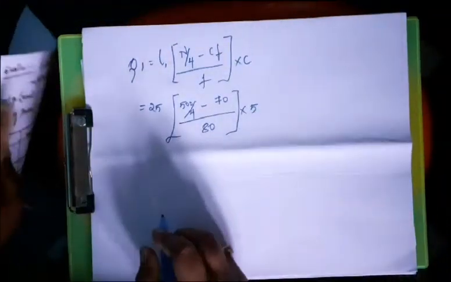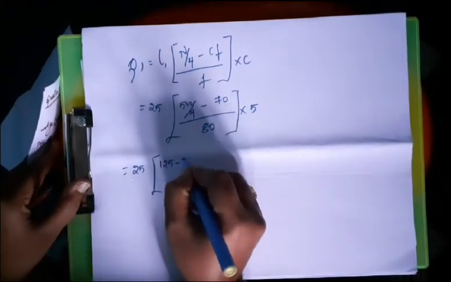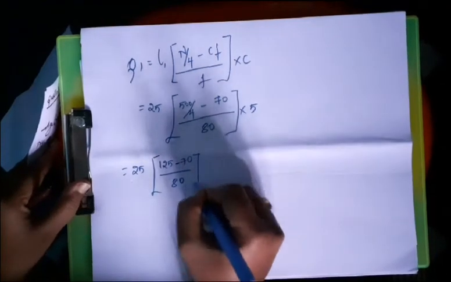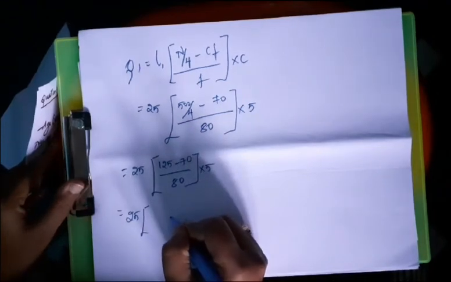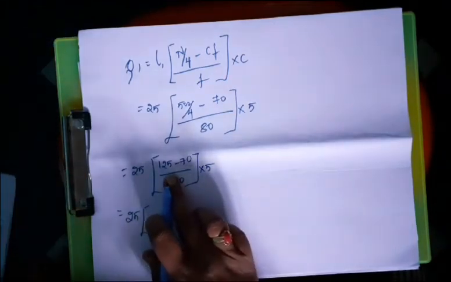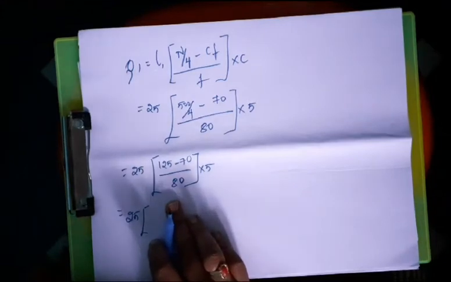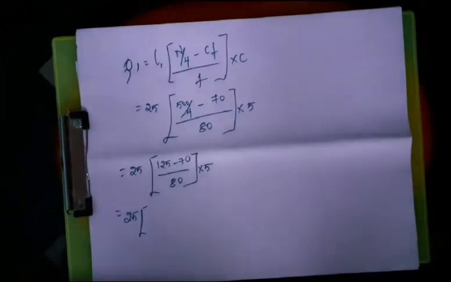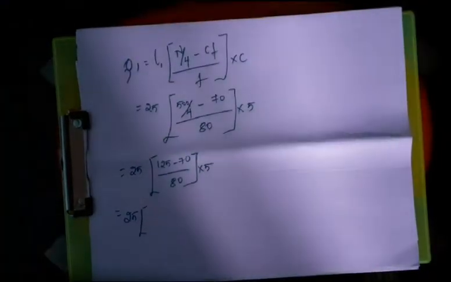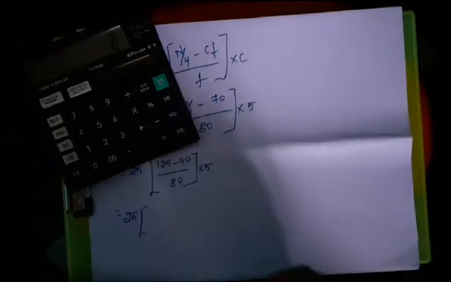Okay, so simplify this. You will get 25 plus 125 minus 70 by 80 into 5. So 125 minus 70, you will get 55.